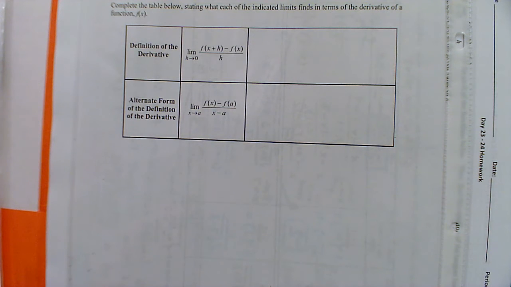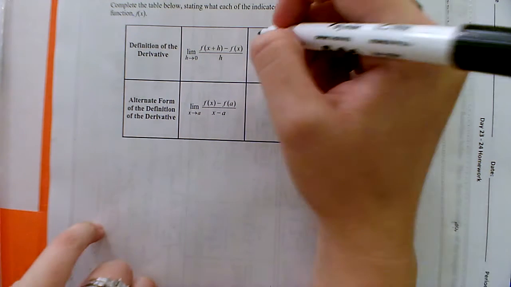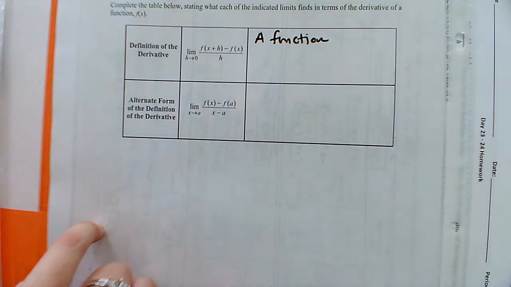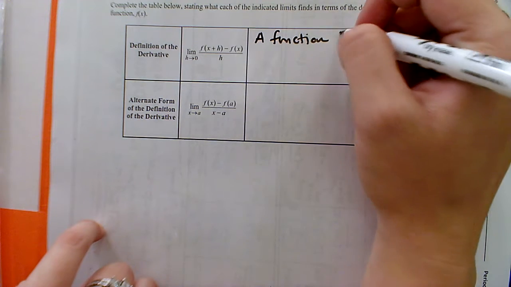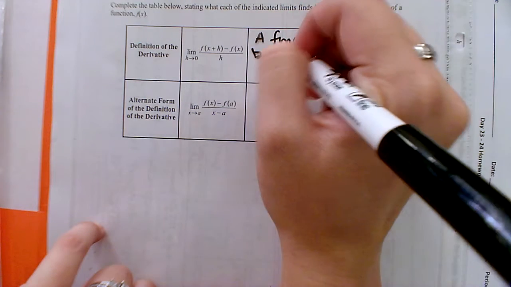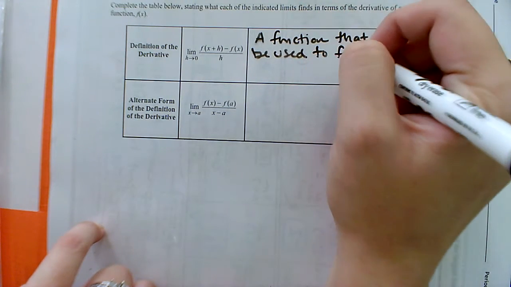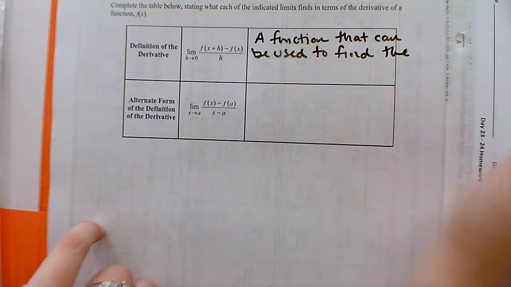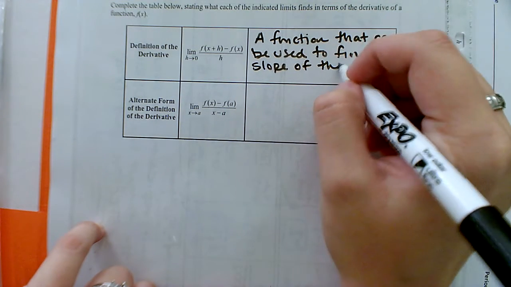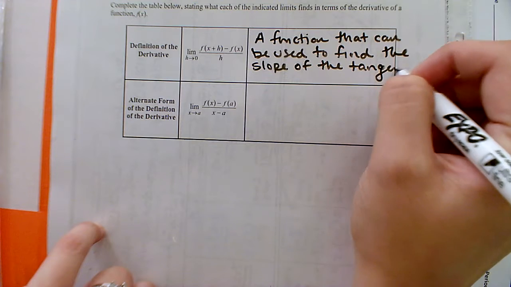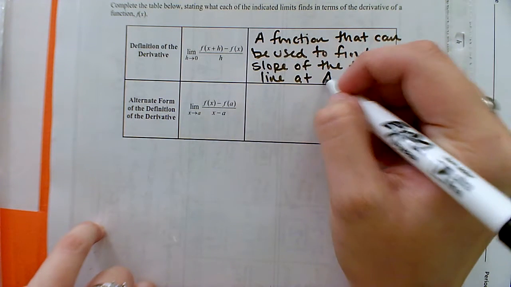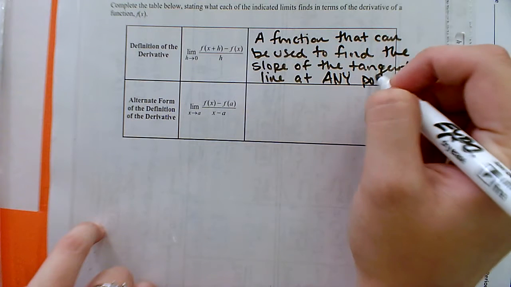Okay, so if you were to use the first limit, you'd be left with a function, aka equation, that can be used to find the slope of the tangent line at any point.